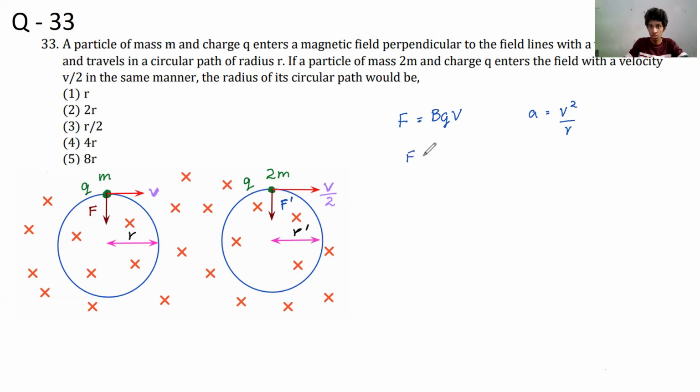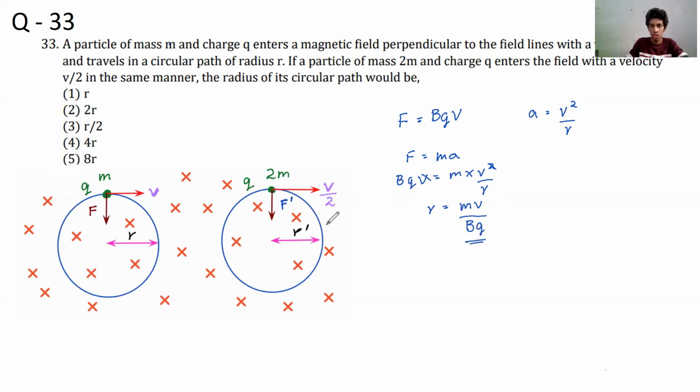So we can apply F equals ma to this particle. So F is BQV, and the mass is m, and the acceleration is v squared over r. So v cancels, therefore r equals mv over bq.